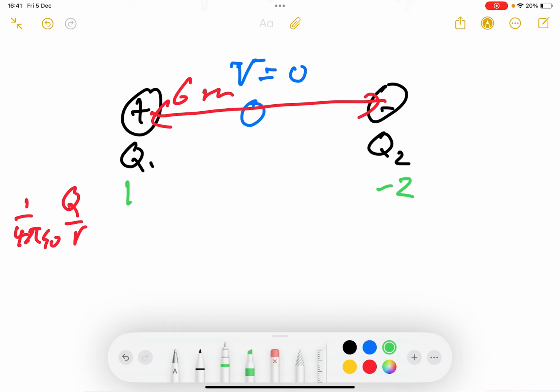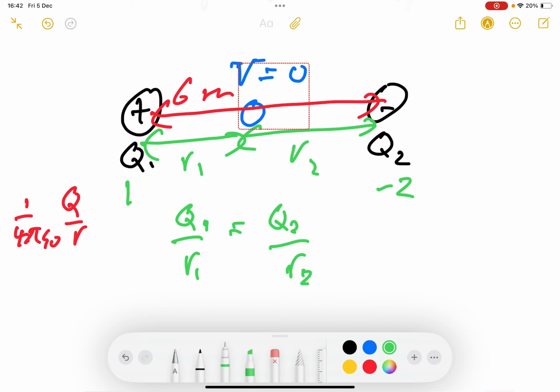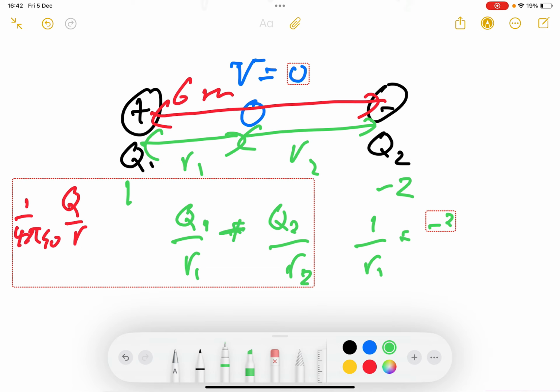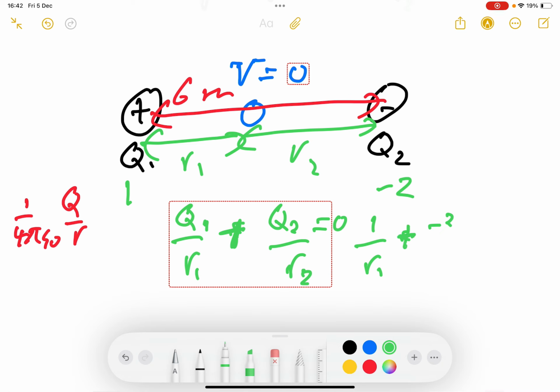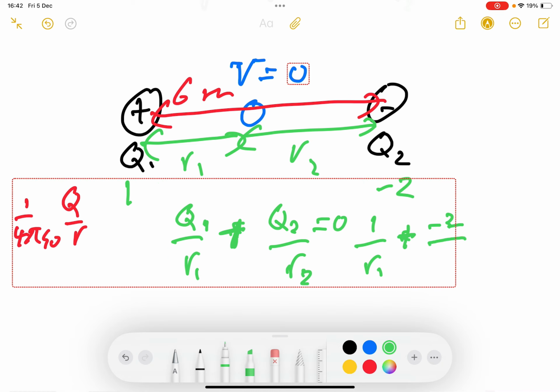So again, we'll divide this up into R1 and R2. So Q1 over R1 plus Q2 over R2, so 1 over R1 plus minus 2 over R2, equals 0.